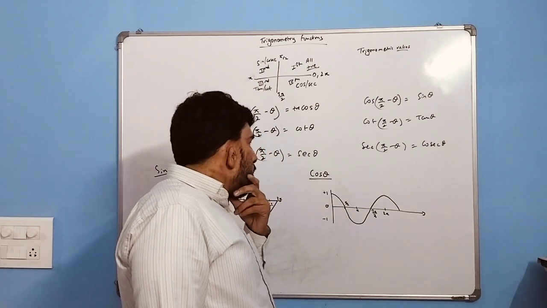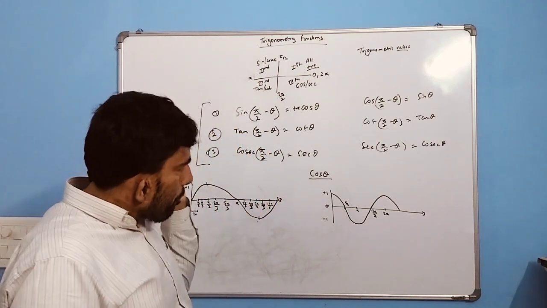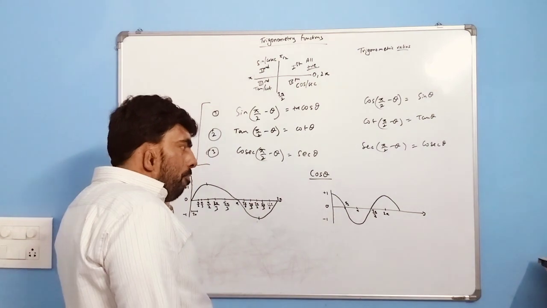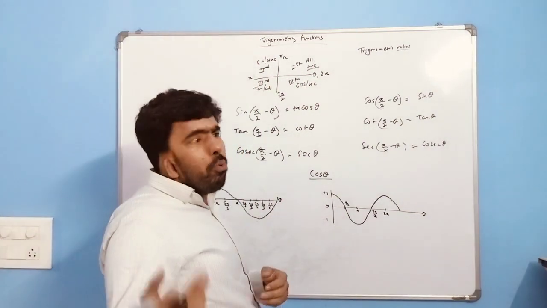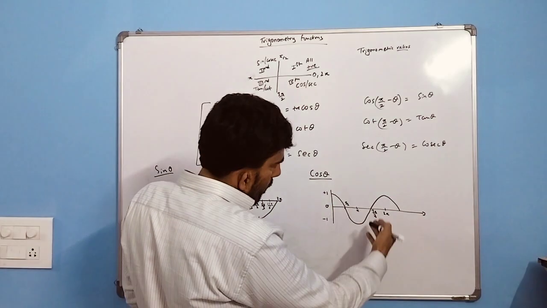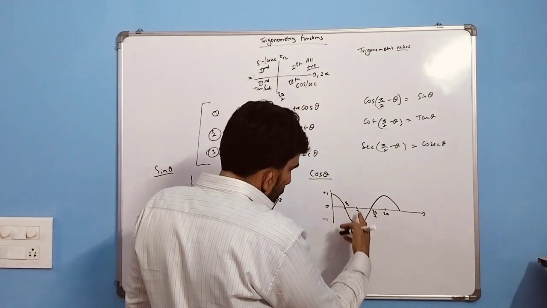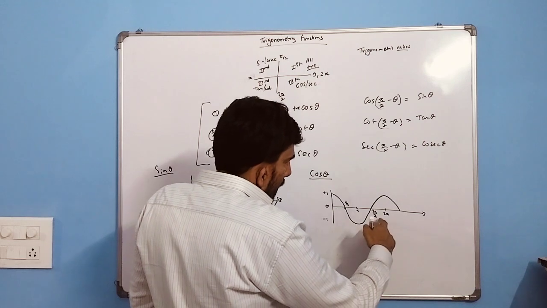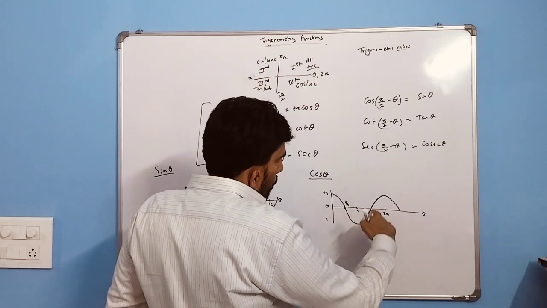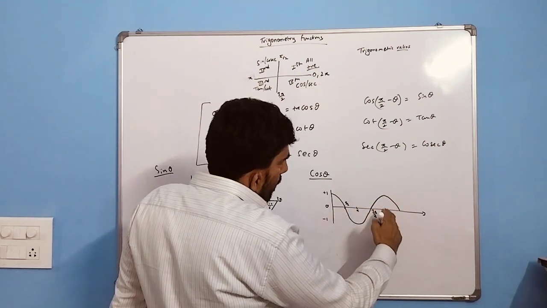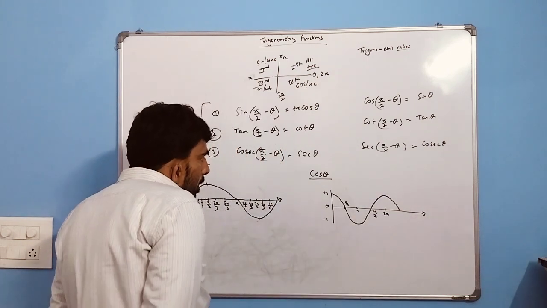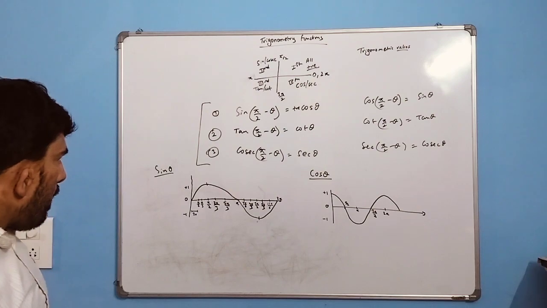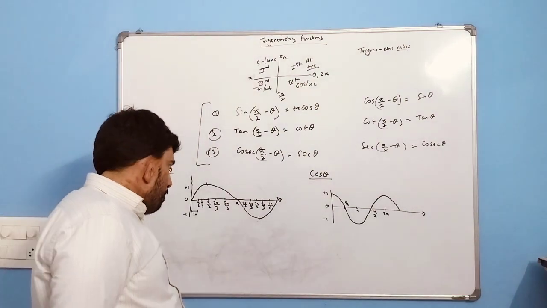Okay, and the maximum value of cos is plus 1, and its value varies from minus 1 to 1. So we show the graph like this. Now again at 180 it will be minus 1, then at 270 it will be 0, at 360 it will be plus 1, then again it moves like that. So you can see how its value changes.